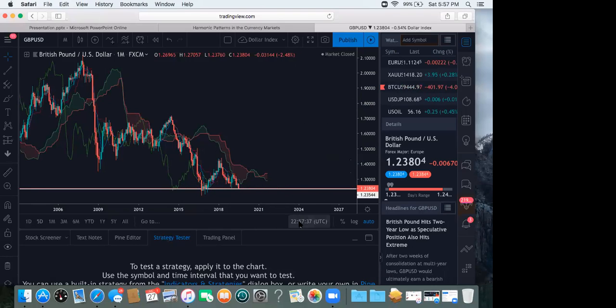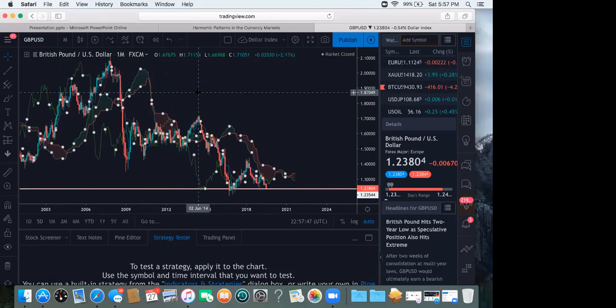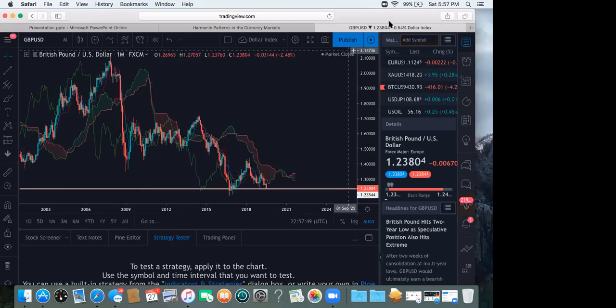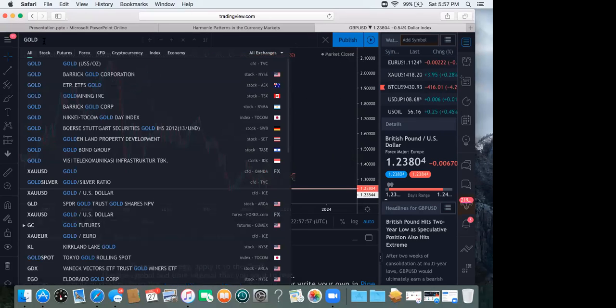All right. Let's do some more. Let's do some more technical analyses about these harmonic patterns. Look at gold. All right.